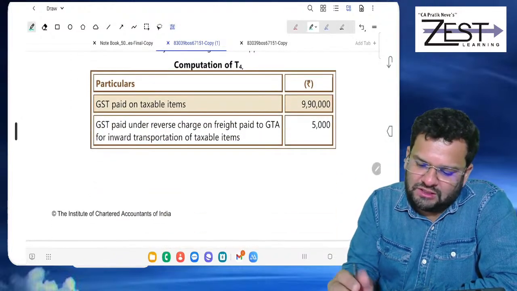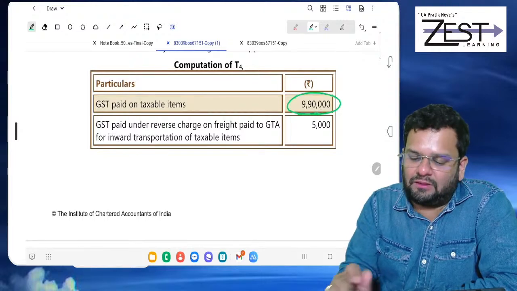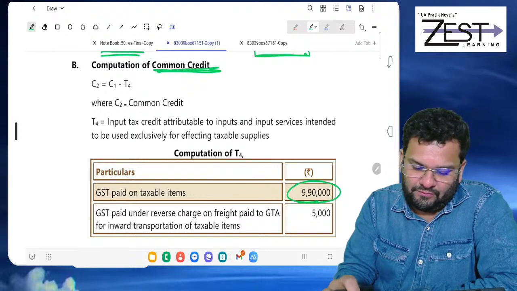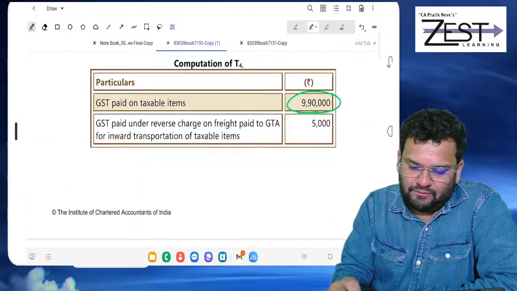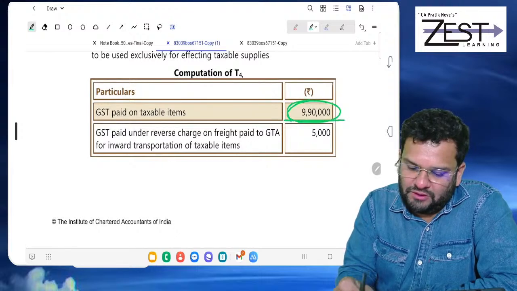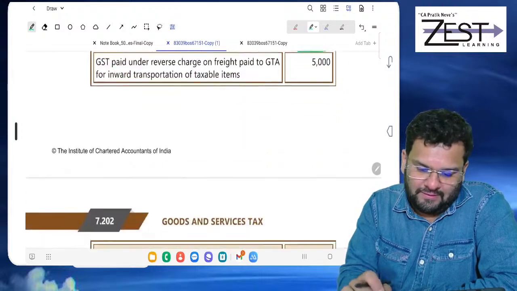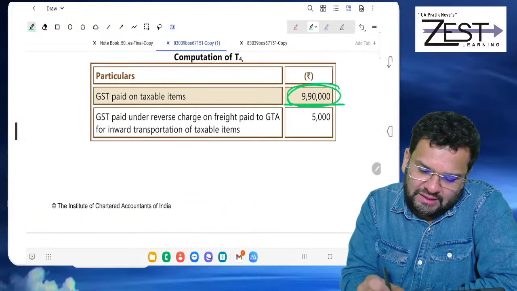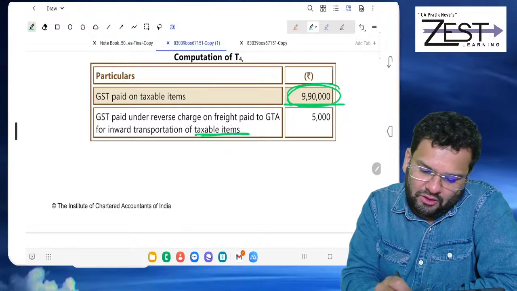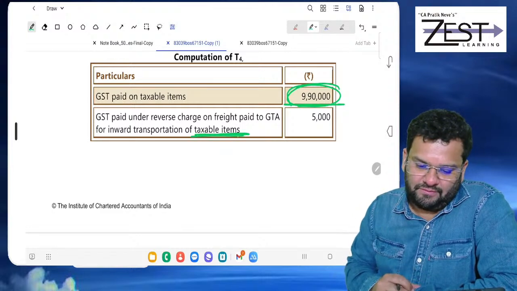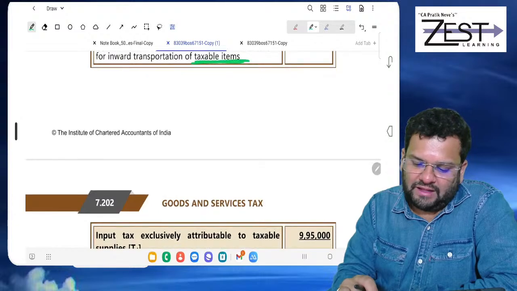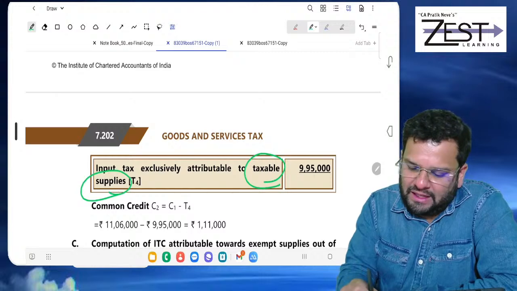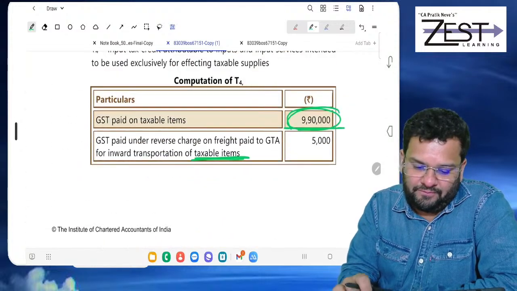So GST paid on all taxable items is 990. Okay, that is one which is not common credit. And GST paid under RCM on freight paid for import of taxable items. That is 5,000. So basically exclusively used for taxable supplies is 995.